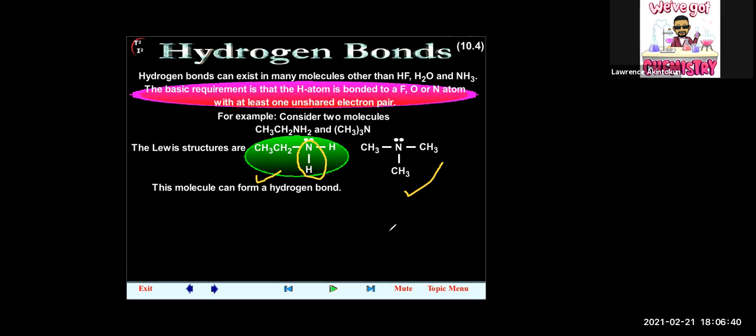When you draw this structure out, let me draw the bigger structure so that you see exactly what I'm talking about. This is the expanded structure. This is nitrogen. This is the lone pair of electrons. This is carbon. So carbon has 3 hydrogens on it, like that.